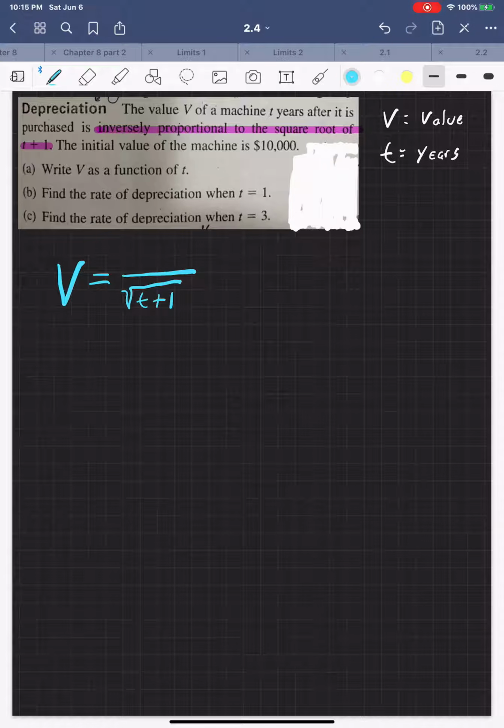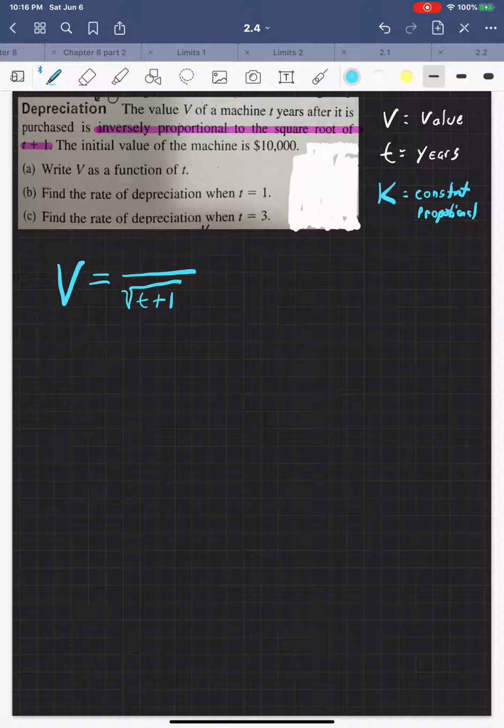Okay, so now the question becomes, well, what goes in the numerator? So really quickly, when you read proportional, there has to be some constant of proportionality. We'll normally use a K to represent that proportional constant.